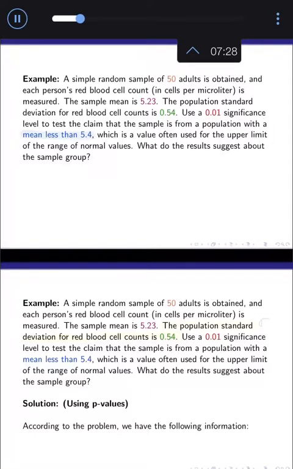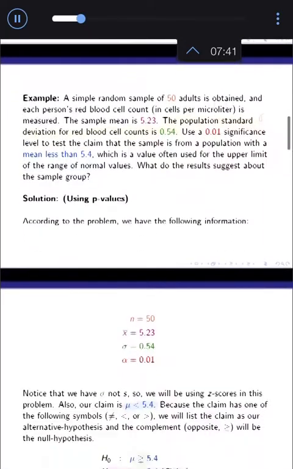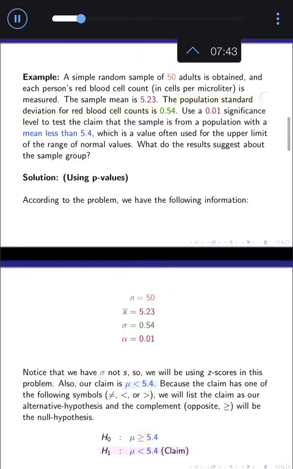So in this problem, they want us to do a hypothesis test on their claim that the mean is less than 5.4. So our claim is that the mean is less than 5.4.